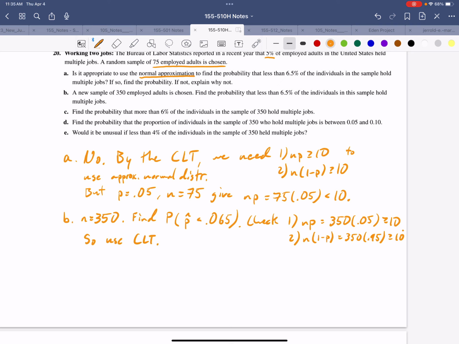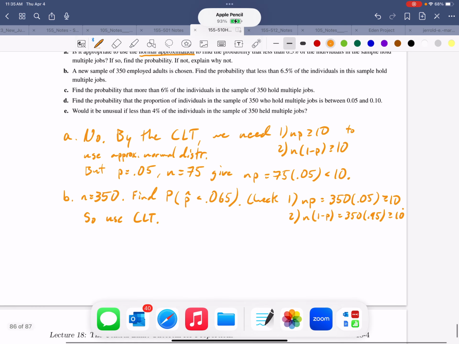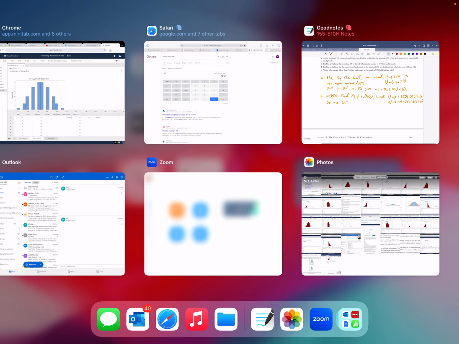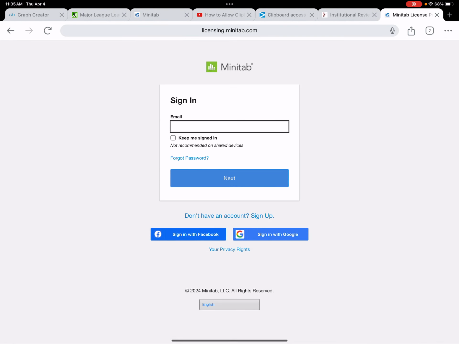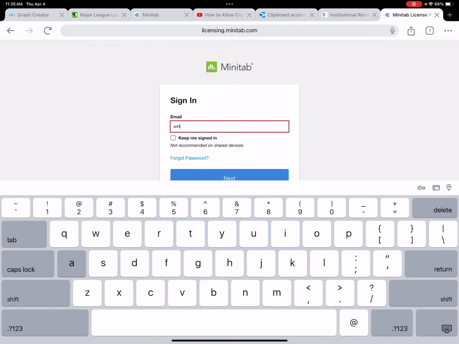We're using the central limit theorem for proportions, to be clear. And since we use the central limit theorem, I guess that means we're using Minitab. So if we go ahead and get out our Minitab, might need to log in, yeah, we sure do.